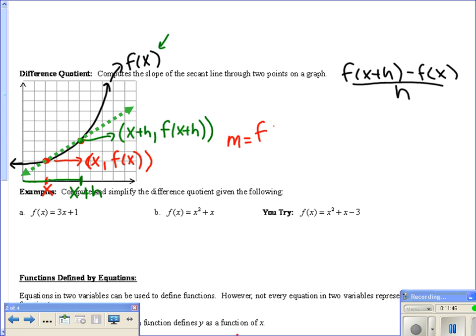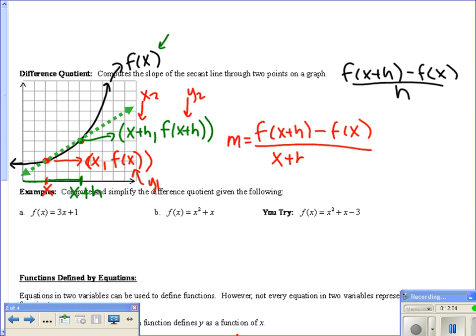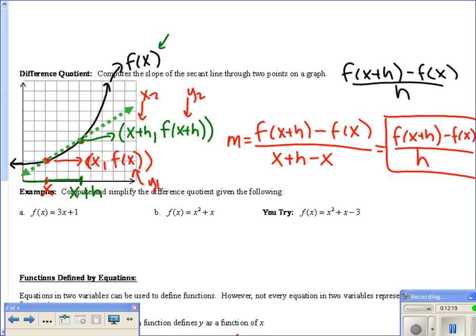So I have f of x plus h because that's my y2 coordinate, and this would have been my y1 coordinate, so minus f of x, all over, now this is my x2 and this is x1, so this would be x plus h minus x, and notice when we simplify this, I get f of x plus h minus f of x all over h. So that, again, is just calculating the slope of a curve through 2 given points.